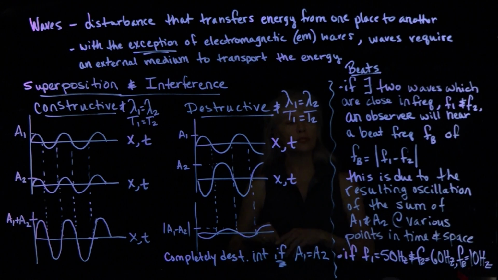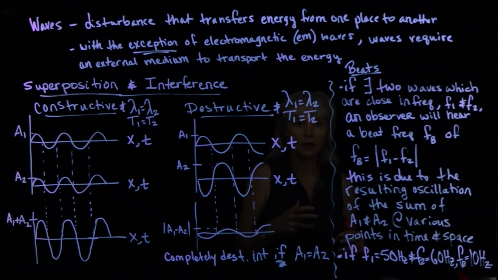Well, it's due to the resulting oscillation of the sum of A1 and A2 at different points in time and space. So as the waves are oscillating, the amplitude at one point in time and space is changing as a function of time. And it's that changing in amplitude that you are hearing as the beat frequency.